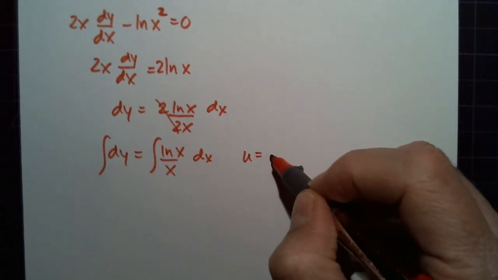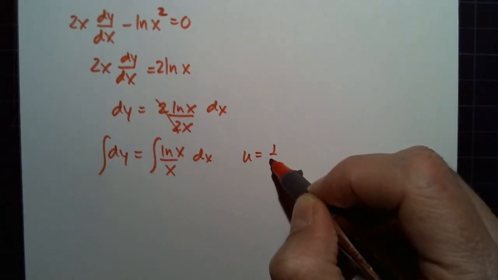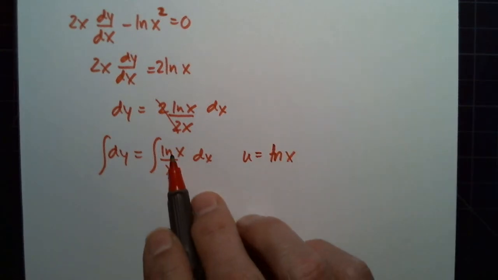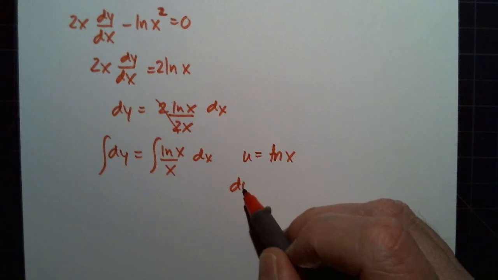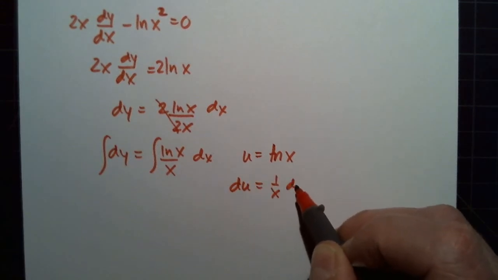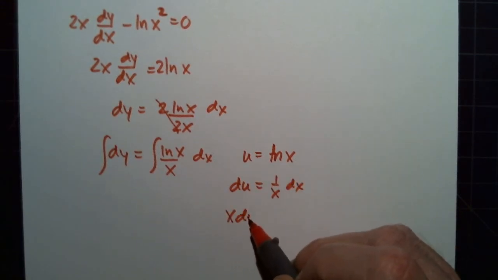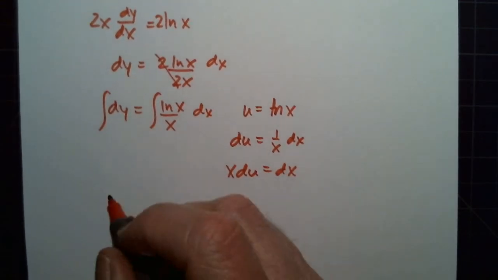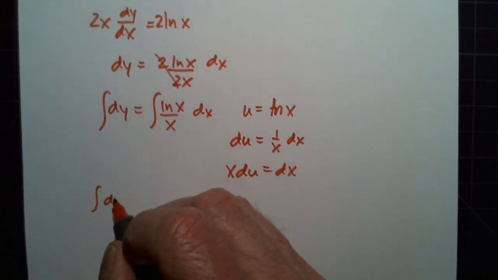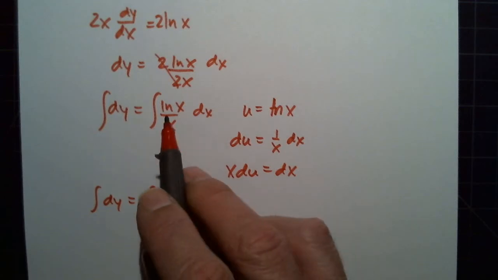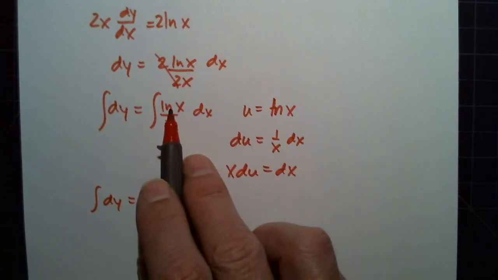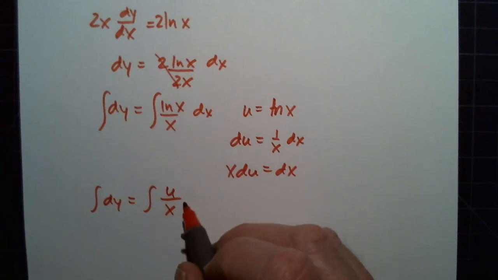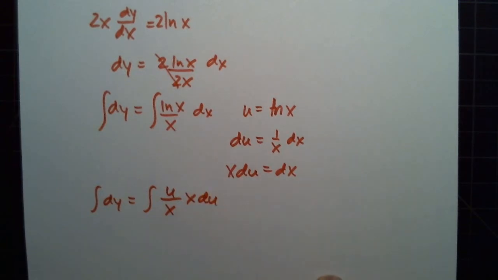Let's let u equal 1 over x. No, u equals ln x. U equals this because du is 1 over x dx, and that's going to make that work out. U is ln x, so that's u. dx is x du.